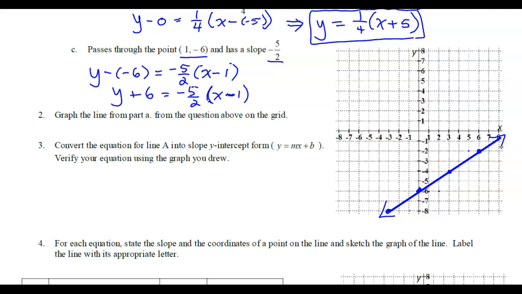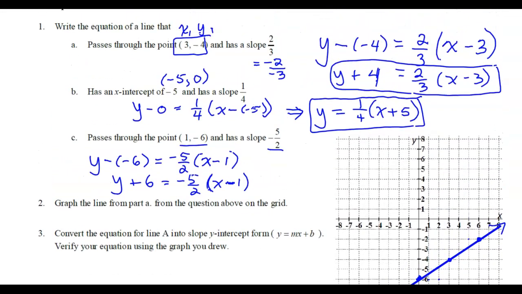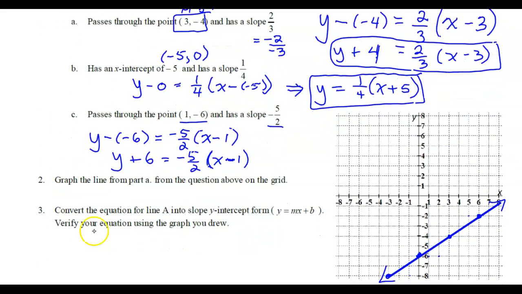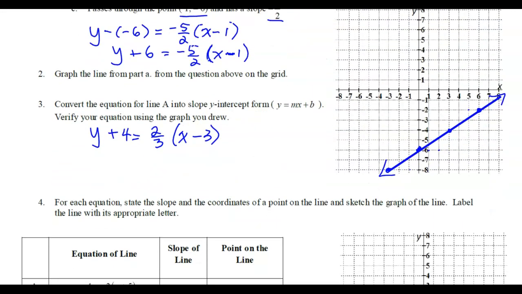Now we want to compare. It says convert the equation from line A into slope y-intercept form. So I'm just going to copy it out. We had y plus 4 equals 2/3 bracket x minus 3. That's the equation. We now want to convert it to slope y-intercept form. So if you're given this, that means you want to solve for y and don't have any brackets.